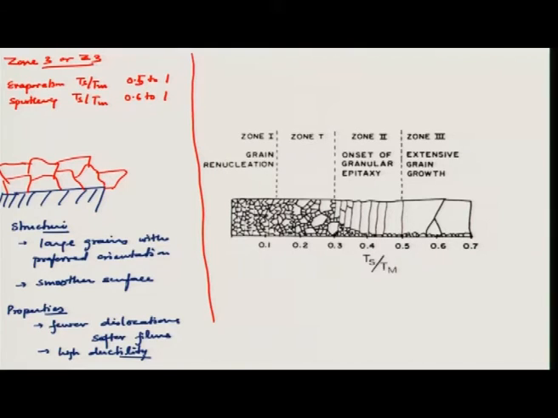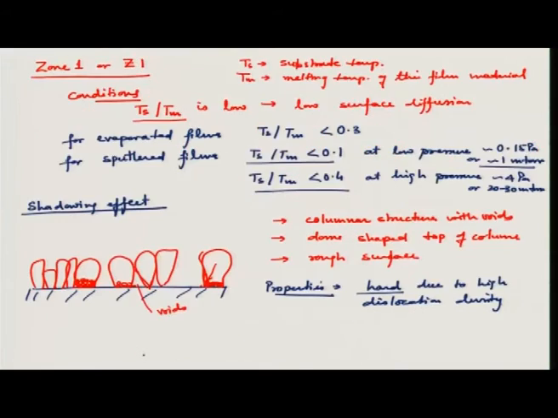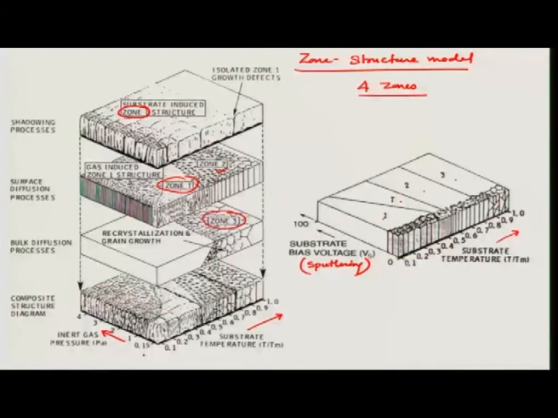Let us go back and look at this complicated film structure also. This structure is zone 1 with a lot of voids and large, big columns with dome shapes.